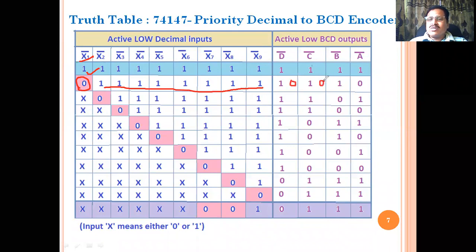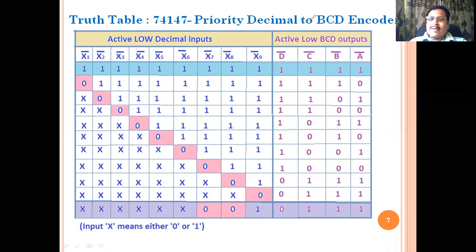But in the case of active low condition, with inversion, it is 1, 1, 1, 0 as the actual BCD by the IC. In this way, you can verify all the remaining decimals.